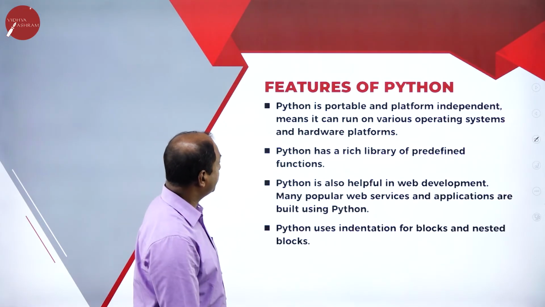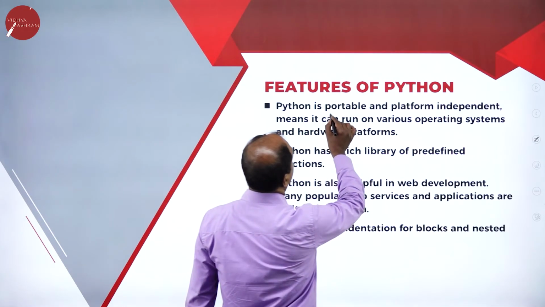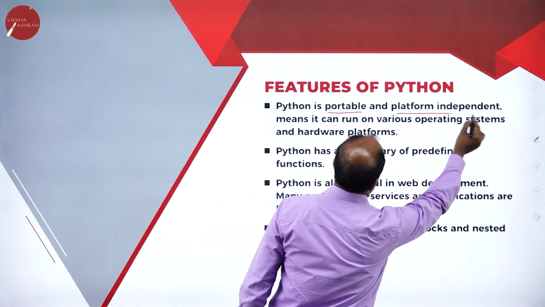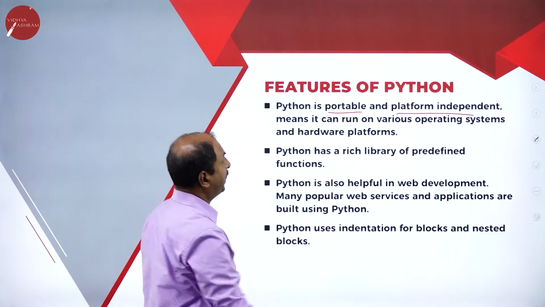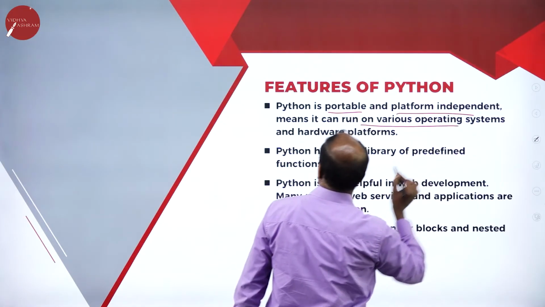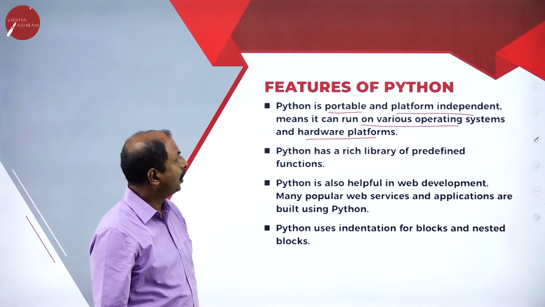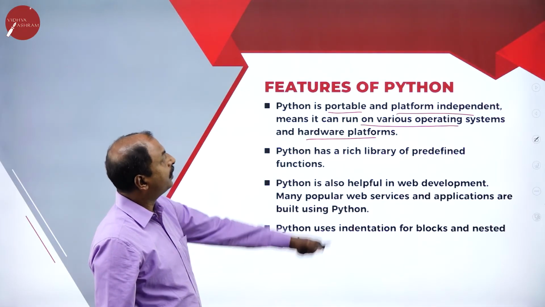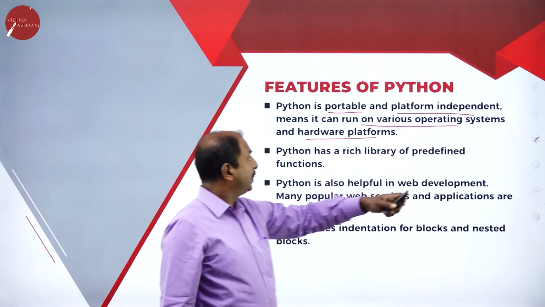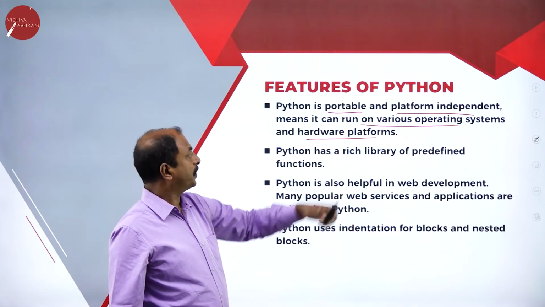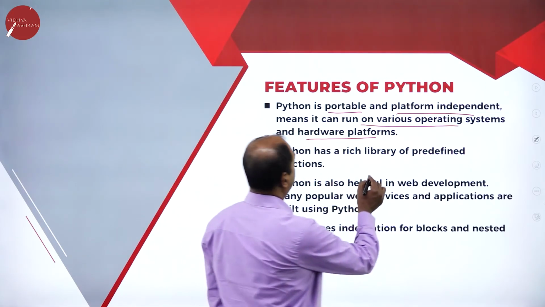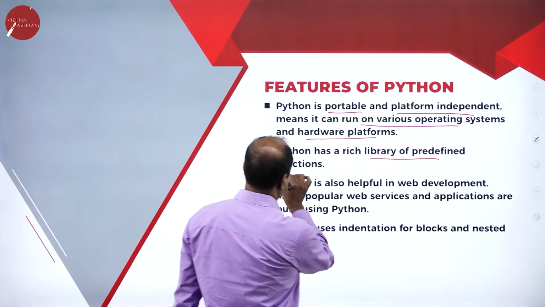Now let us see some other features. So it is portable and platform independent, which means it can run on various operating systems and hardware platforms. So the programs of Python can run on various operating systems. So that is the meaning of portable. And it has a rich library of predefined functions.